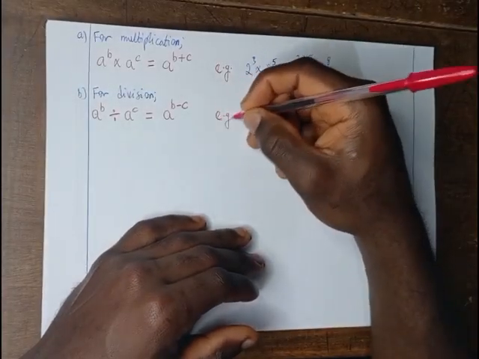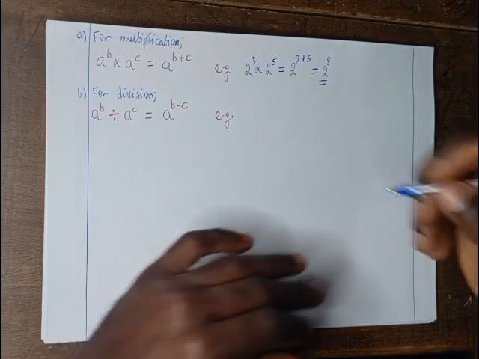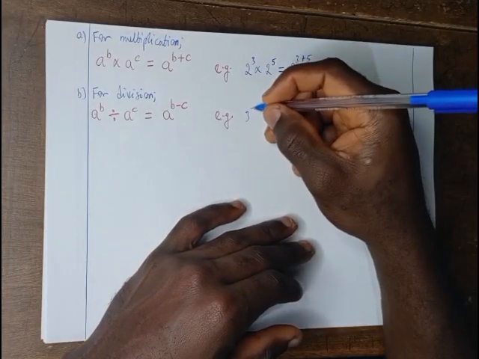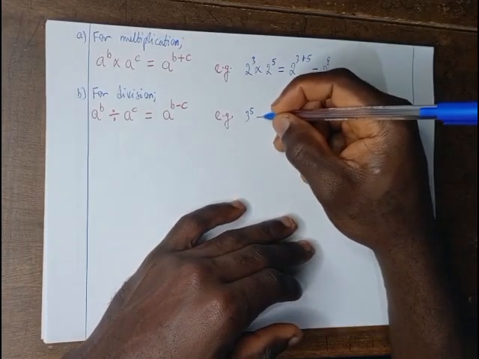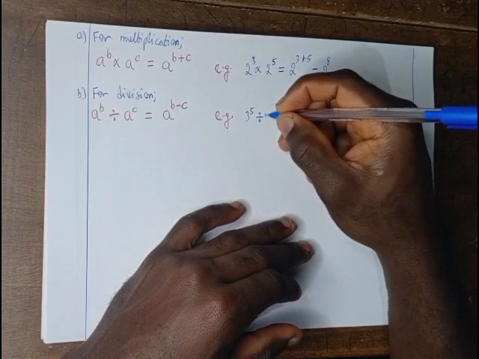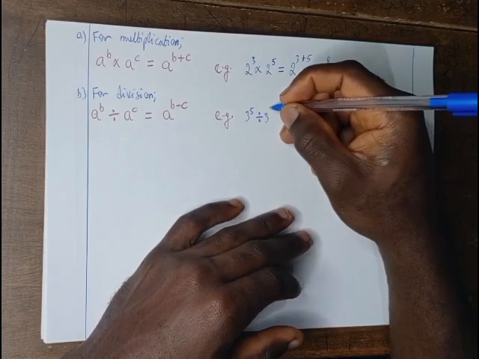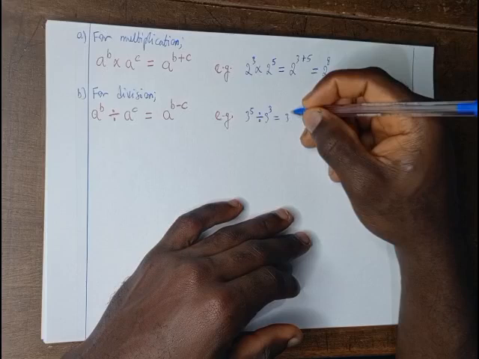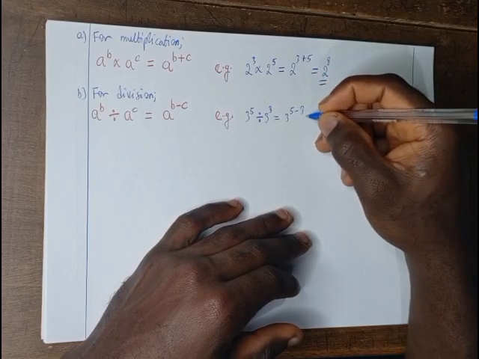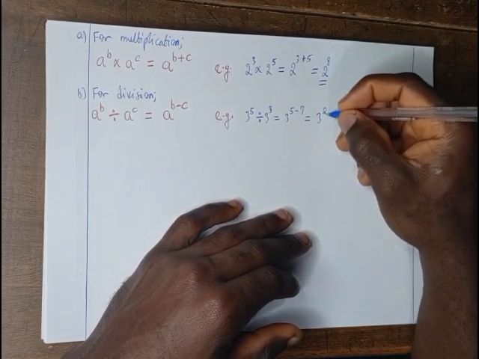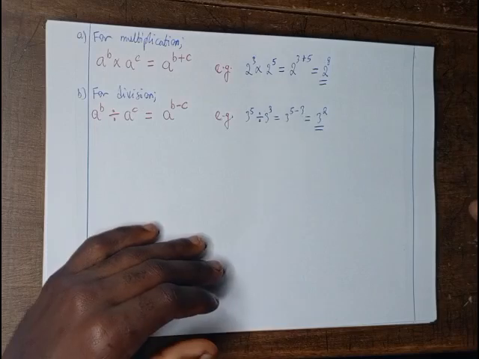E.g., 3 raised to the power 5 divided by 3 raised to the power 3 is simply equal to 3 raised to the power 5 minus 3, which is equal to 3 raised to the power 2. This is the final result.